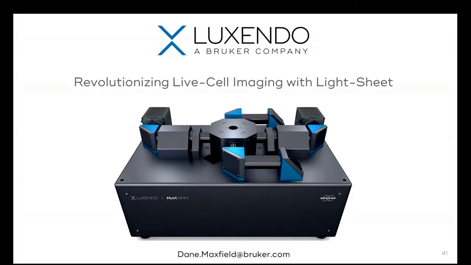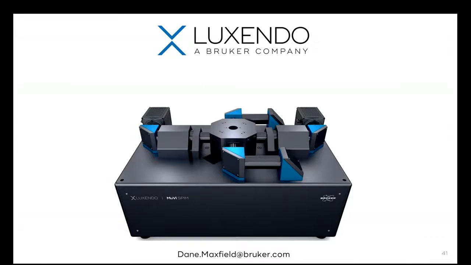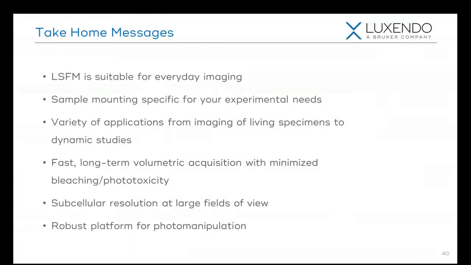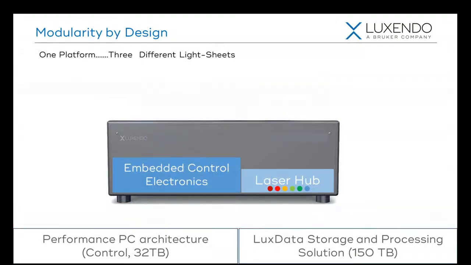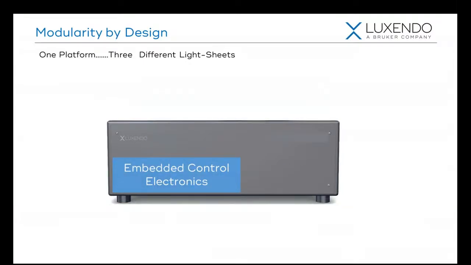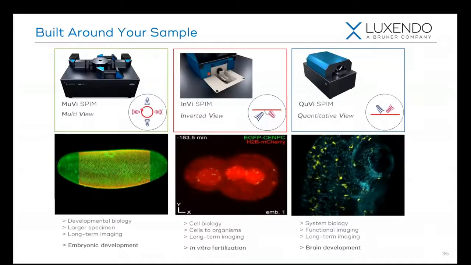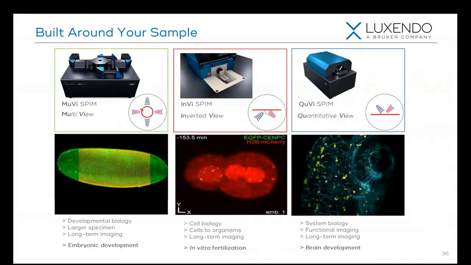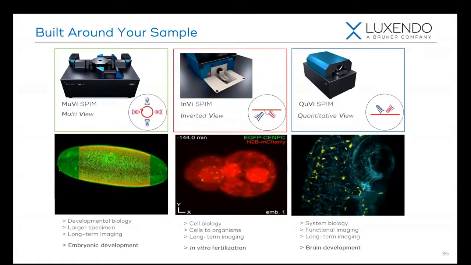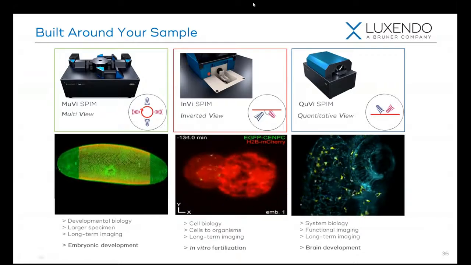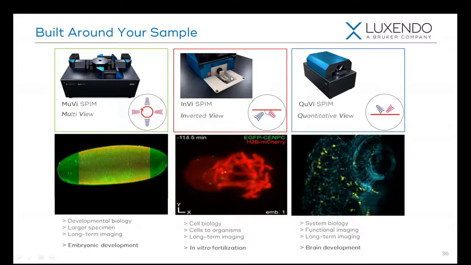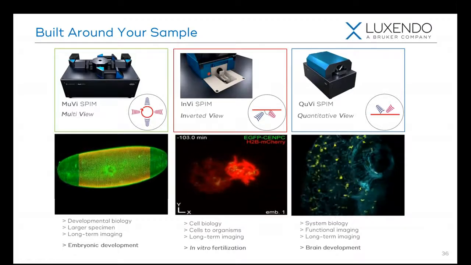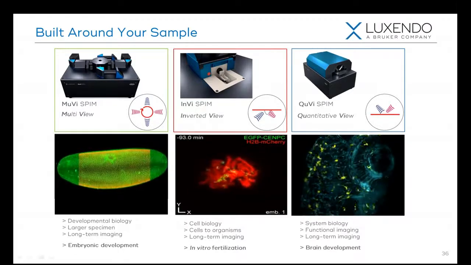The difference is in the sample mounting. Let me go back to this. One more slide. Here we go. Okay, so the difference between these is how we're actually mounting the sample. So you'll see in the InVi we have this very specialized sample chamber that we can grow our cells on the FEP foil.